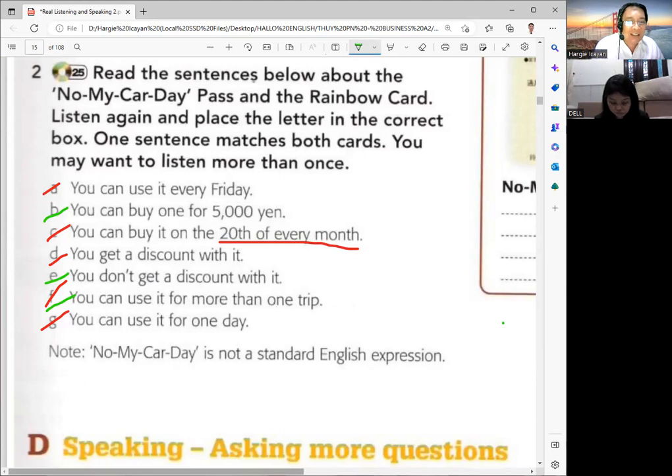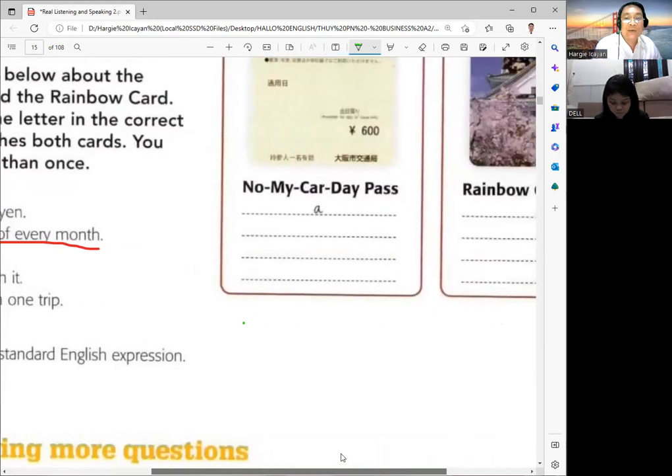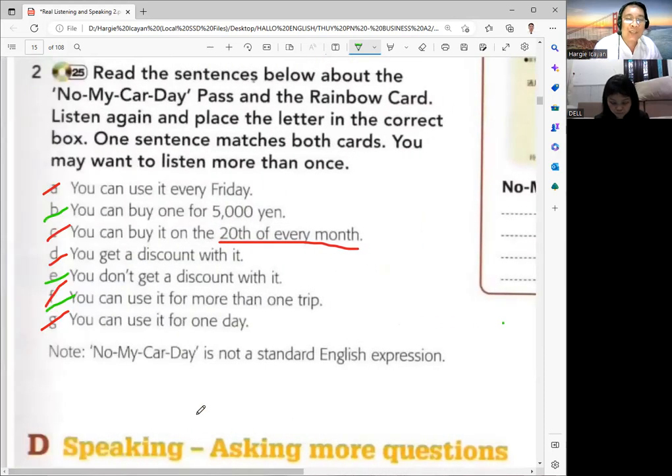Are there any differences in using the No My Car Day Pass and the discount or the so-called rainbow card? So what do you think would be the features of the No My Car Day Pass and the rainbow card?